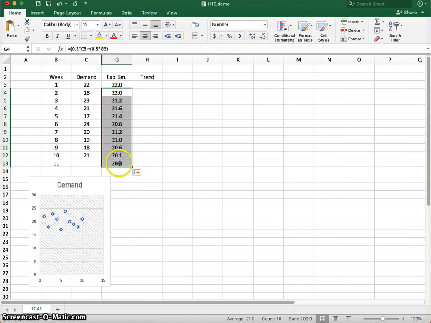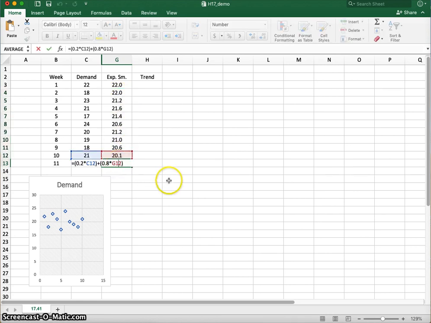And so for period 11, it would be 0.2 times what actually happened in period 10, plus 1 minus alpha, or 0.8 times what I forecast was going to happen in period 10. That's exponential smoothing.